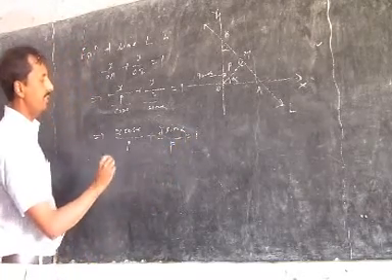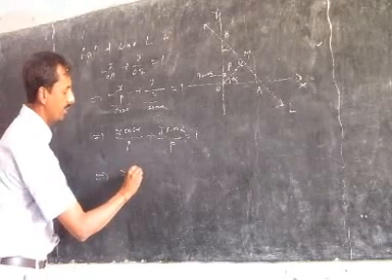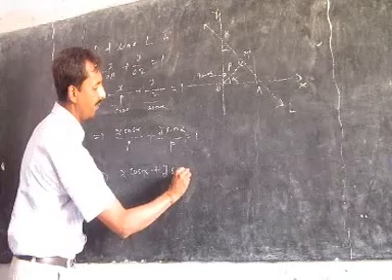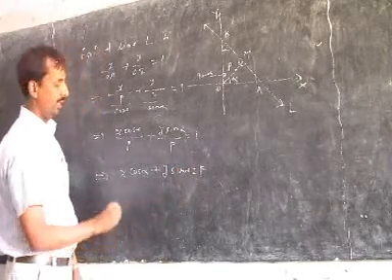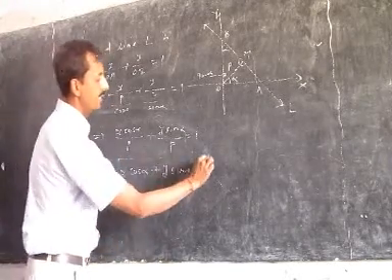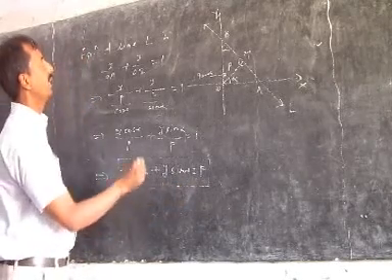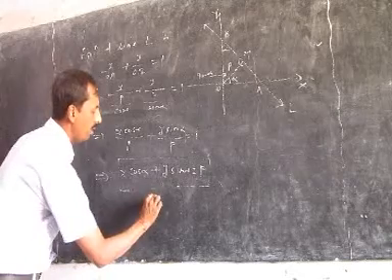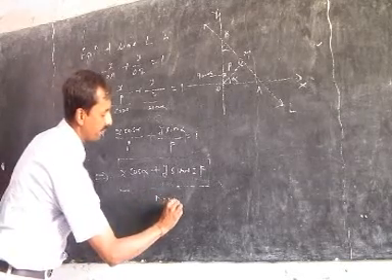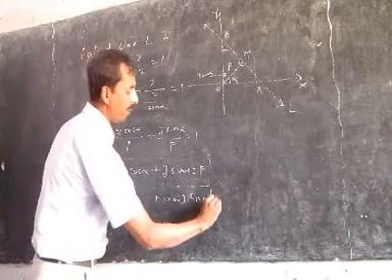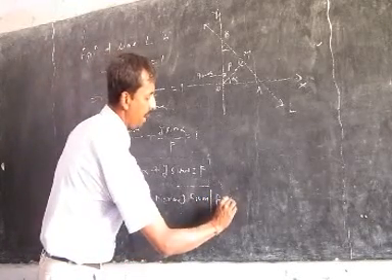Again we can write it like this: x cos alpha plus y sin alpha is equal to P. So this is the normal form of a straight line. Normal form, or we can say perpendicular form.